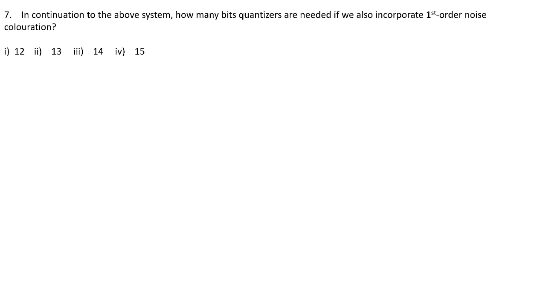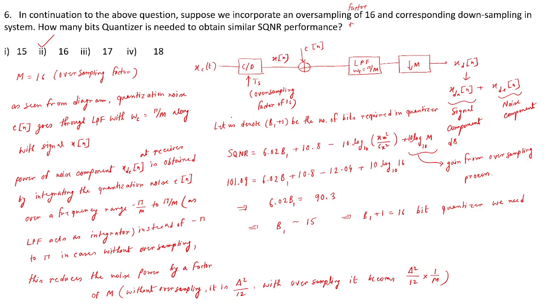This makes the noise colored, and intuitively you can see this is going to reduce the number of bits in the quantizer further. The only question is how much reduction. So let us introduce the block diagram here, which is similar to the previous one. Let me just copy it here.